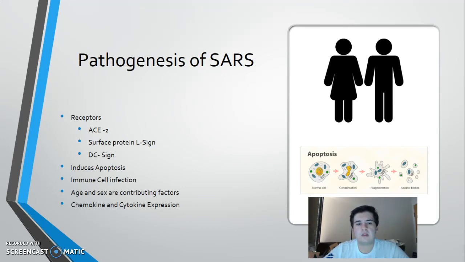And they believe that this is one of the reasons why there's so much damage within the lungs: there's such a release of these chemokines that it caused damage not only to the virus but really to the infected cells and actually normal healthy cells.